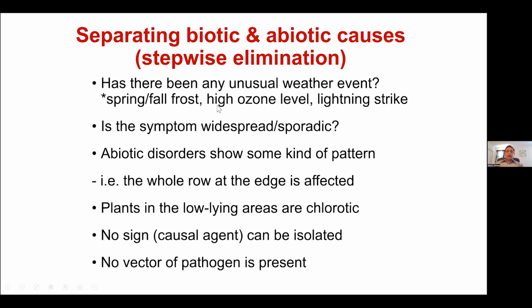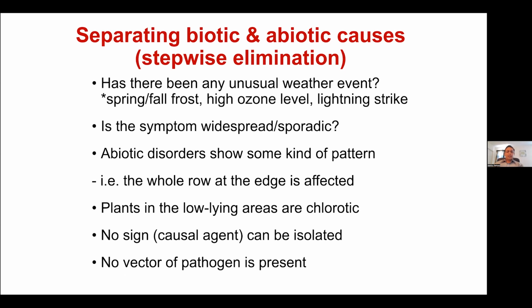Just as the title is identification or diagnosis of diseases, I just wanted to show you how you differentiate, first of all, normal and abnormal growth, right? And then you differentiate a biotic factor and an abiotic factor. If you are seeing some unusual weather event like frost, and it will affect many different types of new growth, so if you see it across different crop species, you will have to take that as an abiotic, environmental factor causing that problem.